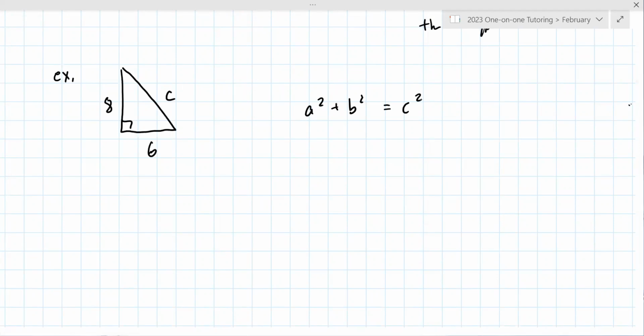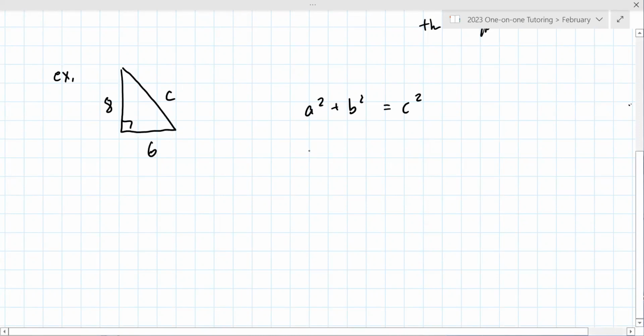So A is 6, but when you square it, it becomes 36. You have to be careful there. It's not that this is A squared, it's A. What is the value of just B? 8. Squared, 64. Very good.